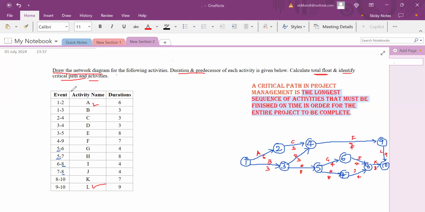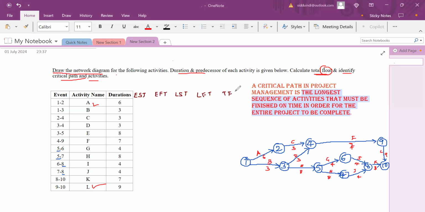Before that, to get the float of each activity, we should first know the early start time of each activity, early finish time of each activity, latest start time of each activity, and latest finish time of each activity, so that we will get the total float at the end.